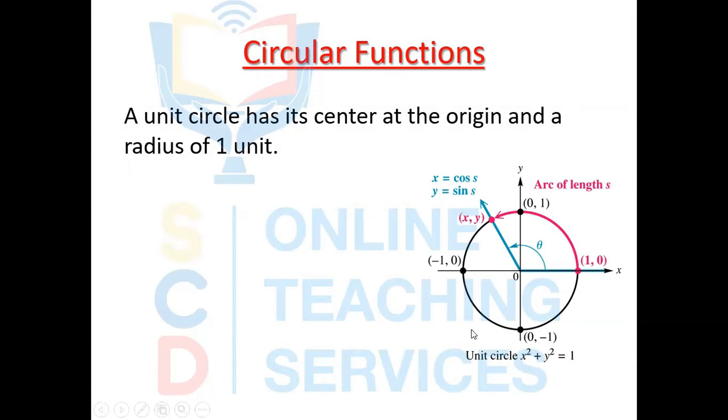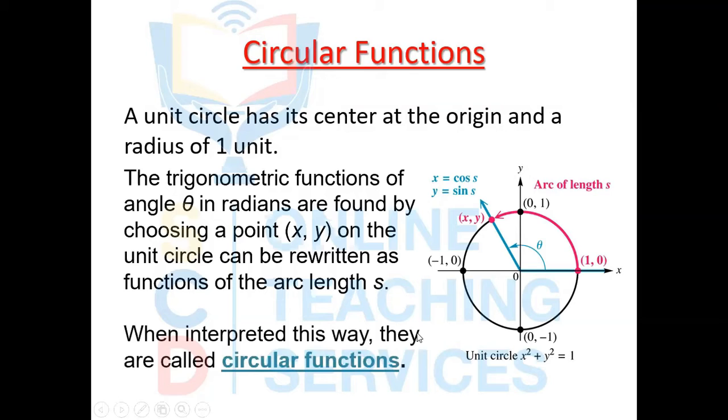So as you can see, the trigonometric functions of angles theta in radians are found by choosing a point x, y, and you know that this is how we describe coordinate points. We write them in terms of x and y, right? On the unit circle, it can be written as a function of the arc length s.